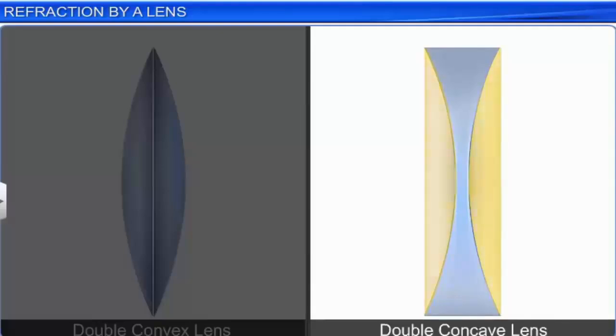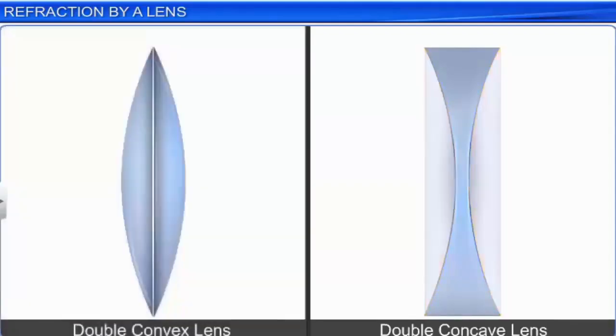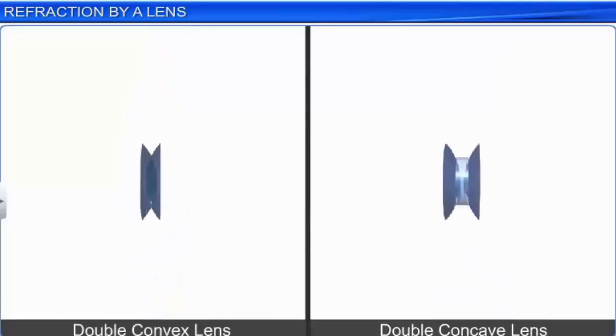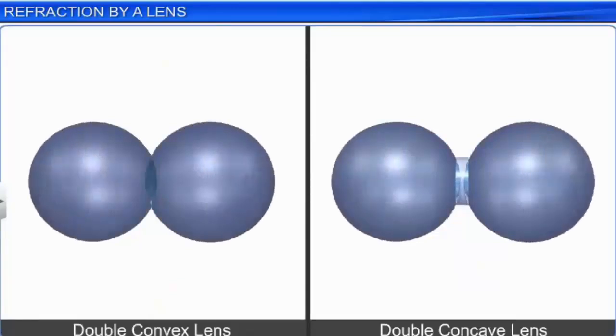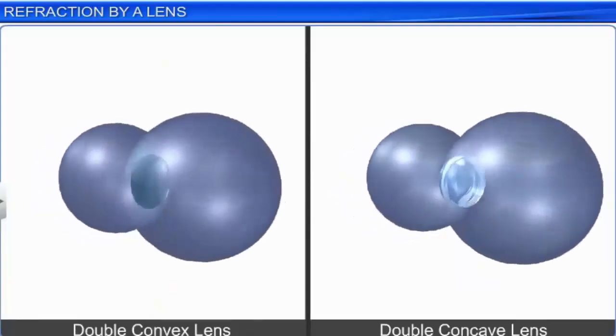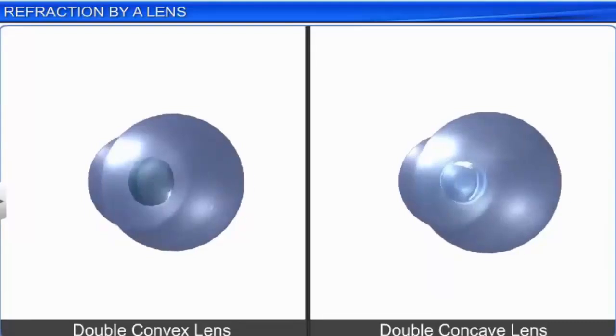The central point of a lens is called its optical center. Since there are two spherical surfaces, a double convex lens or a double concave lens has two centers of curvatures.